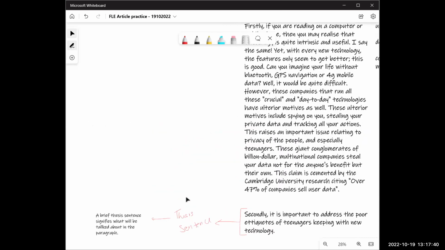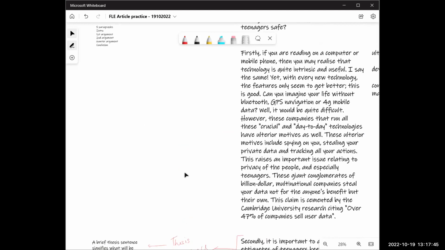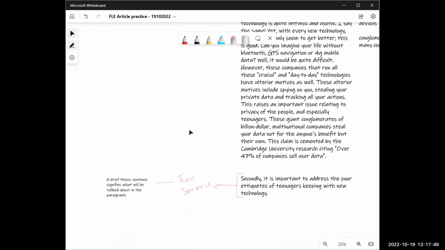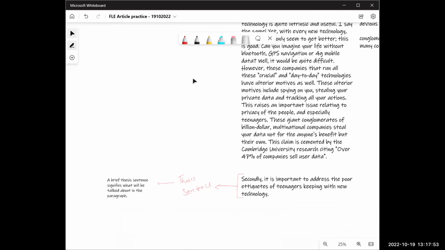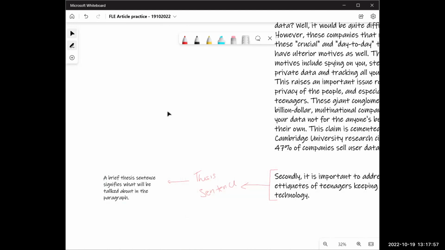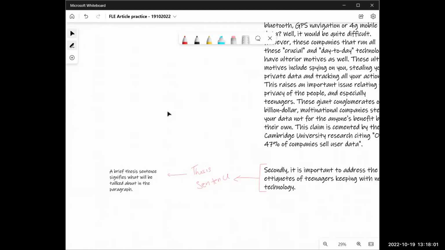In the first paragraph, we realized that people think that it's useful, and however, that technology also has some problems. Have you written it? Okay, let's see.